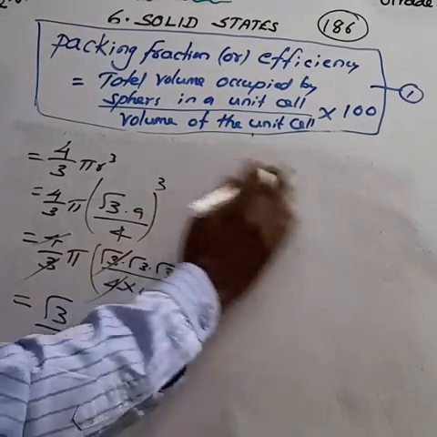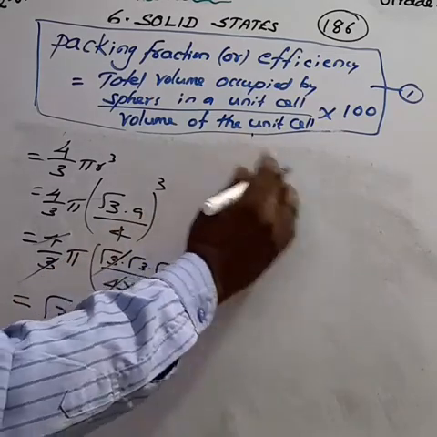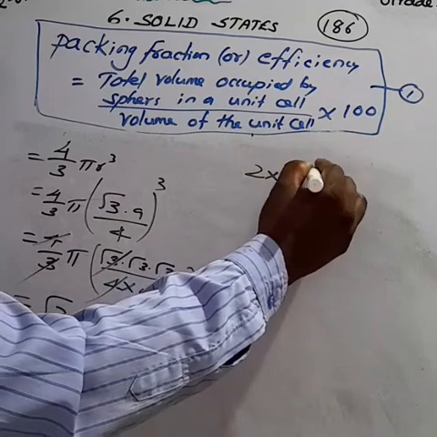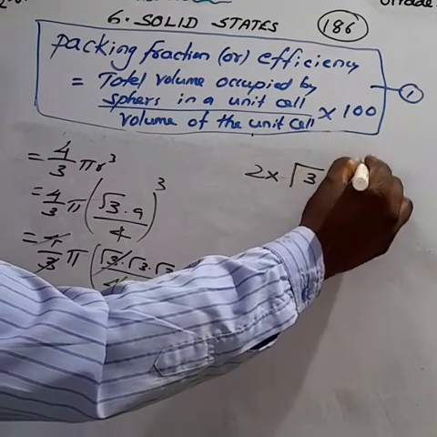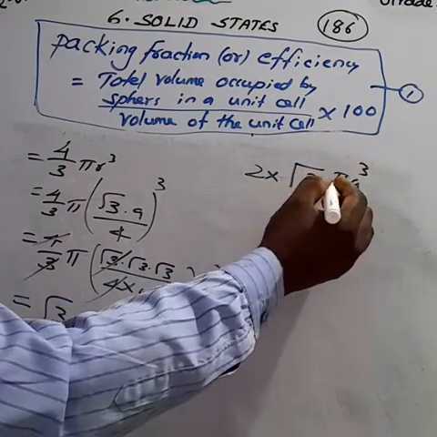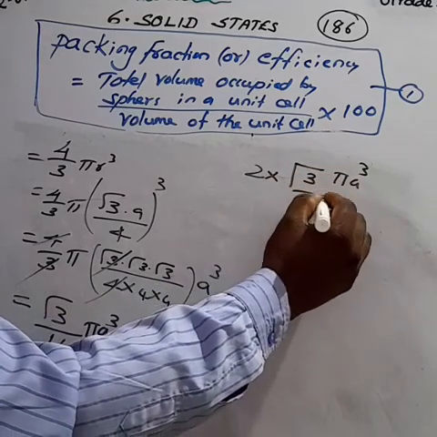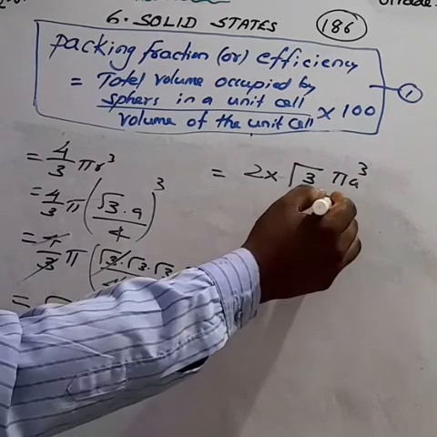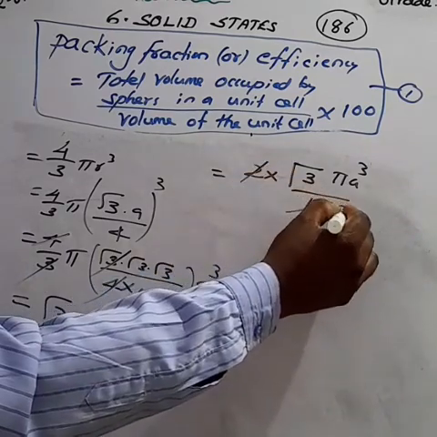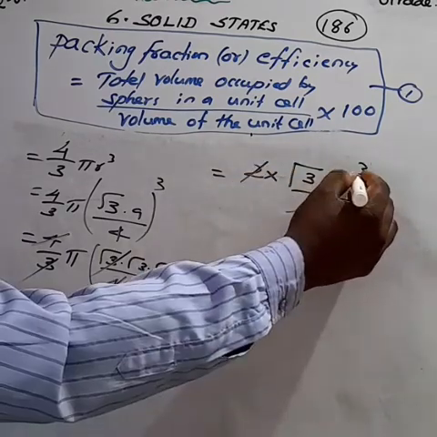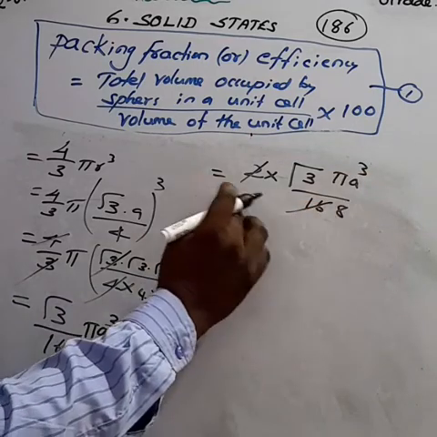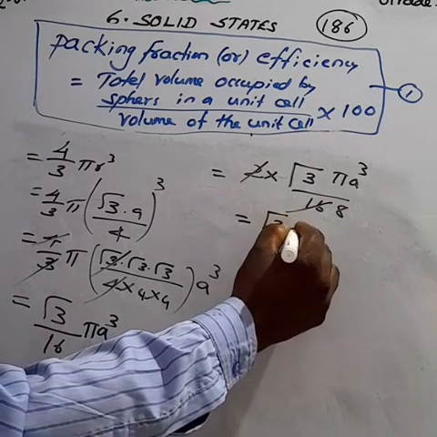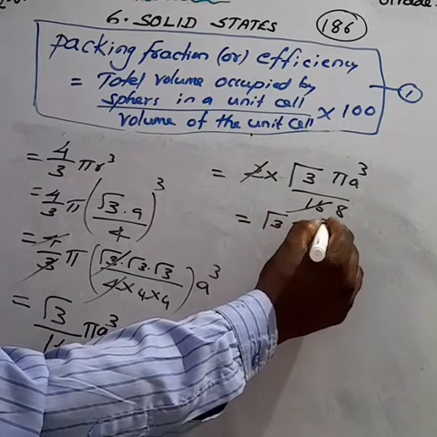When I multiply into the total number, that is 2 into root 3 pi a cube divided by 16. Cancelling 2 and 16, we get 8. So what's the answer here? Root 3 pi a cube divided by 8.